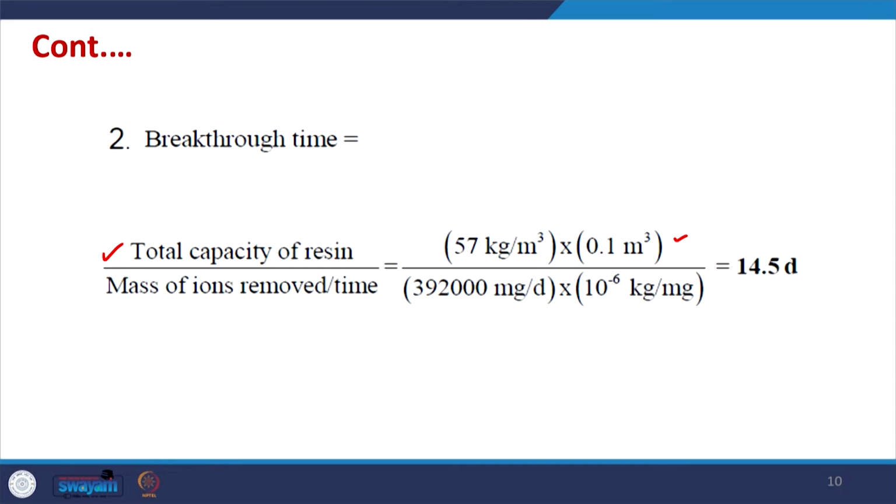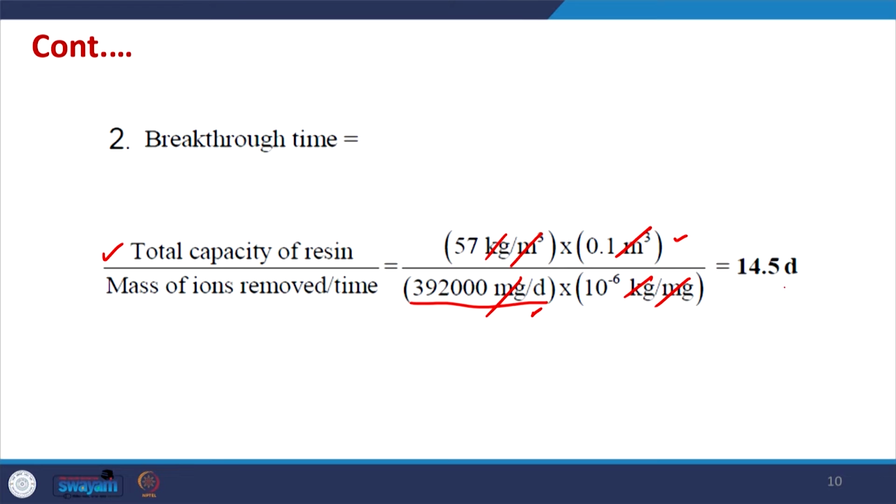Now, the mass of ions removed per unit time is this total capacity, but the unit is milligram per day, so we convert it into kg so that the units cancel. The meter cube cancels, milligram and kg cancel, and the only unit left is day.